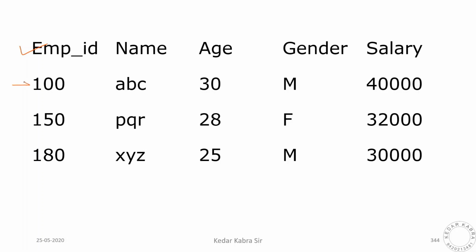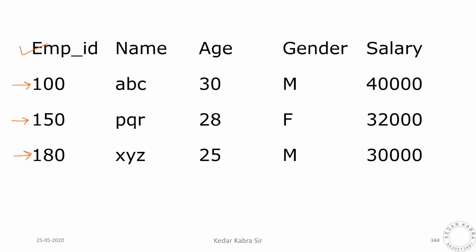Then in the first row, there are 5 values of the first employee, then 5 values of the second employee, and in the third row there should be 5 values of the third employee. Now we need to think of printf statements accordingly.